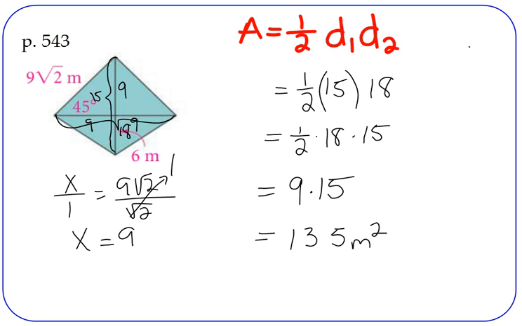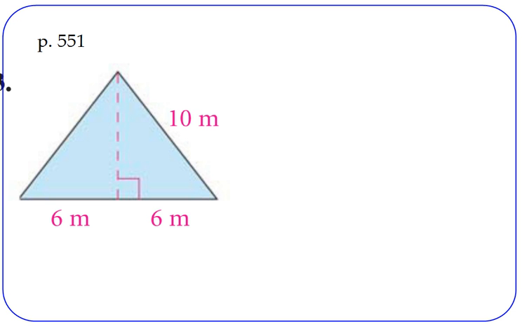Okay, moving on to the next one. Okay, this is on page 551. This is a triangle. The area of a triangle is 1/2 the base times the height. Again, here we have base and height. Anytime we see base and height, I want you to think perpendicular, okay?